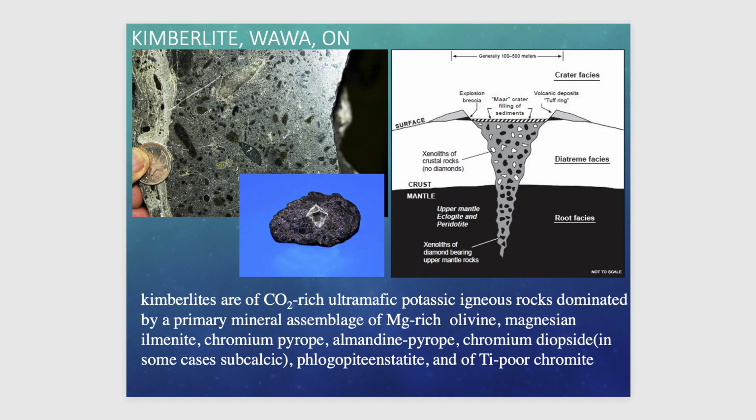Another example of unique rock types are kimberlites. Kimberlites are usually porphyritic, so they will have big phenocrysts or xenocrysts in this particular case, because they are derived from adjacent rocks. So for example, xenoliths could come from the crust, or also they could come from the mantle.